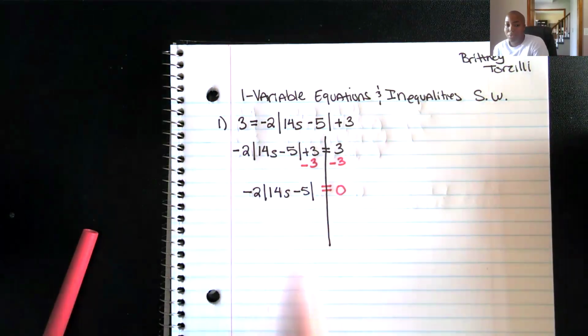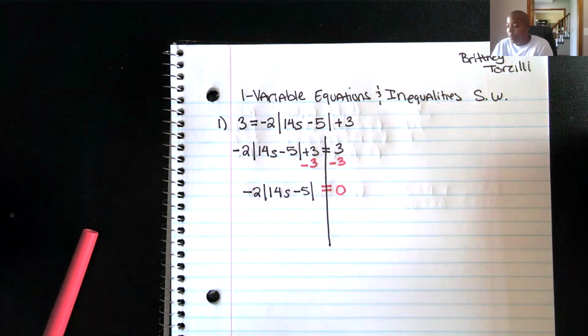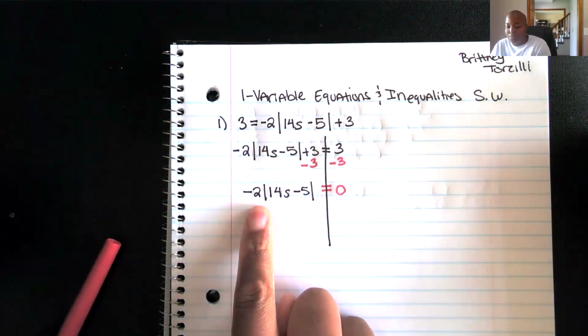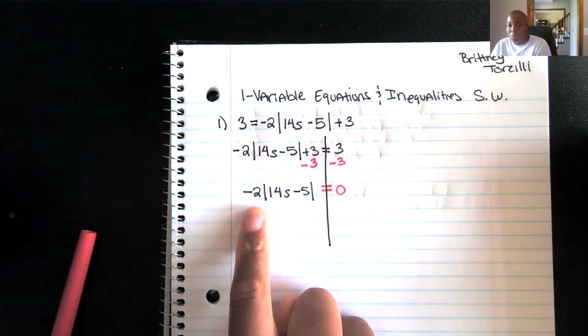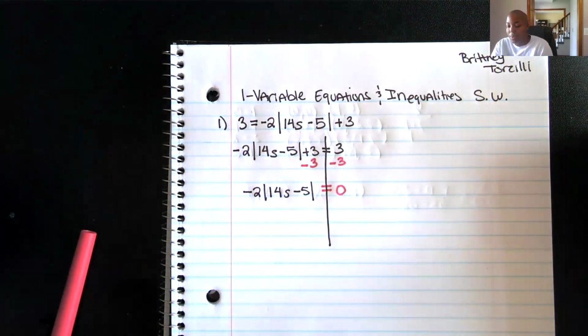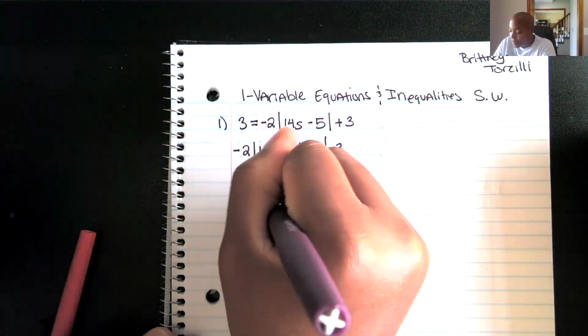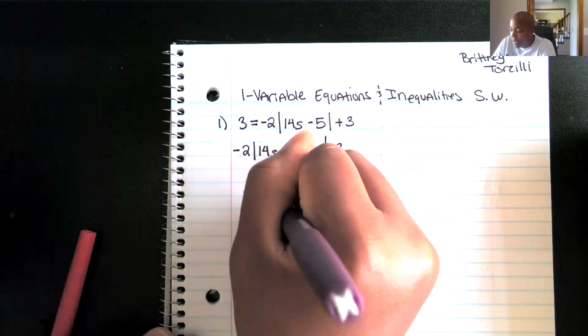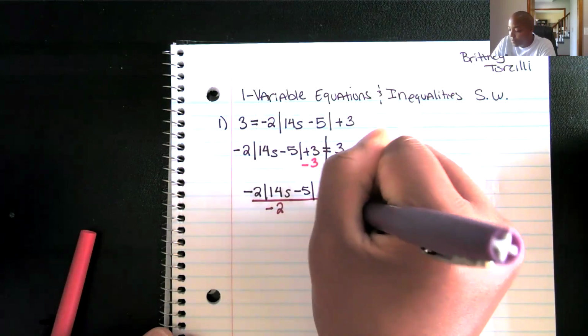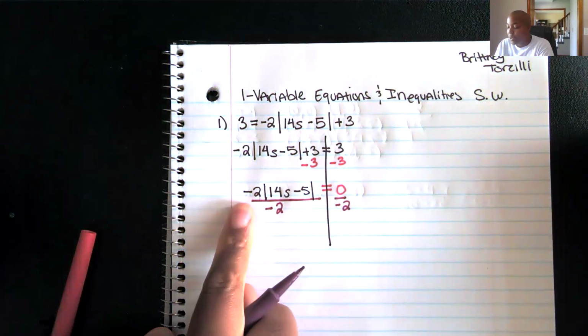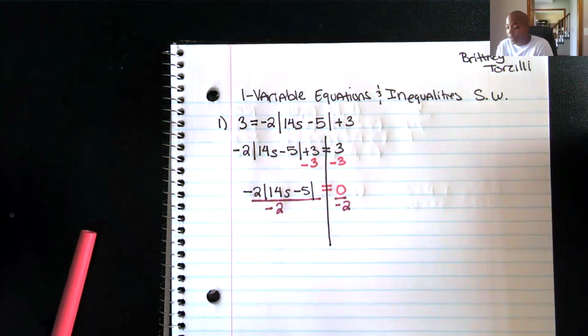Now we want to get the absolute value expression by itself, so we need to get rid of the -2. Right now, what's happening between the -2 and the absolute value is they are being multiplied. So remember, we're always doing the inverse operation. The opposite of multiplication is division. So we're going to divide both sides by -2. -2 divided by -2 is 1. So those cancel out.